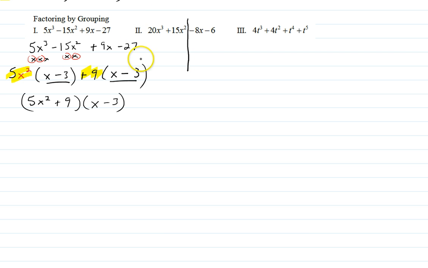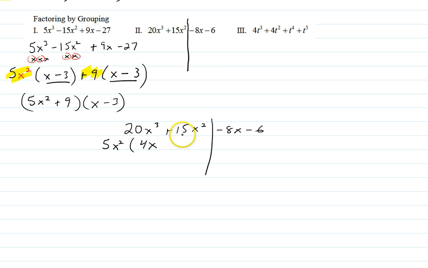Right here, be careful when I cut this one in half. Alright, so let me just rewrite it here. 20x cubed plus 15x squared minus 8x minus 6. Okay, so what do 20 and 15 have in common? Looks like 5 can go into both of them. This one has 3 x's. This one has 2, so I can take out 2 x's. And so here I'd be left with 4x, because 4x times 5x squared is 20x cubed.